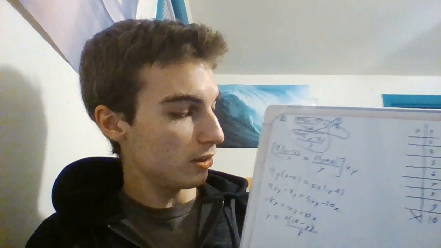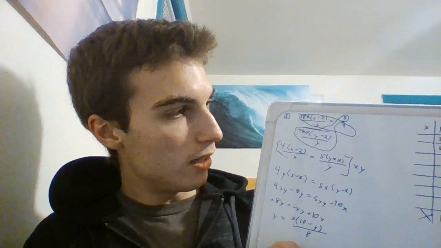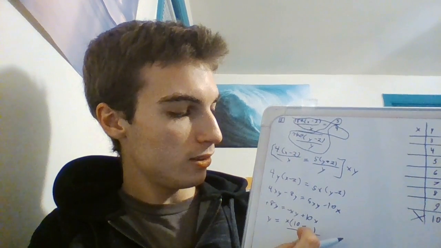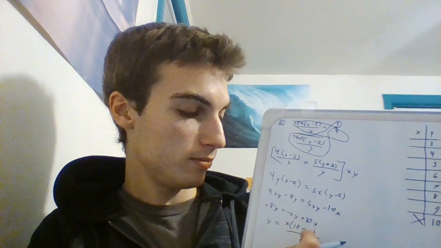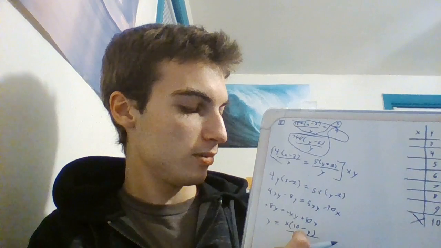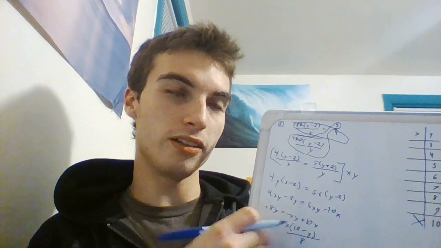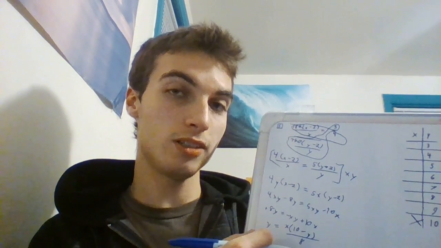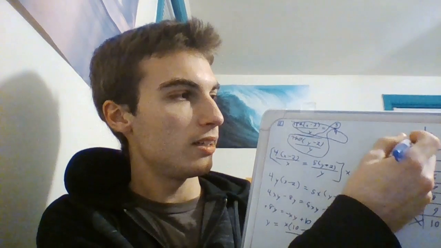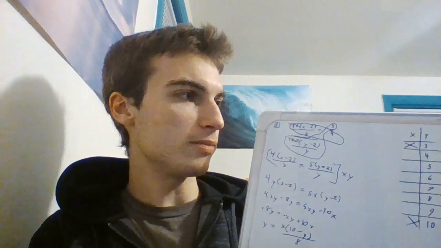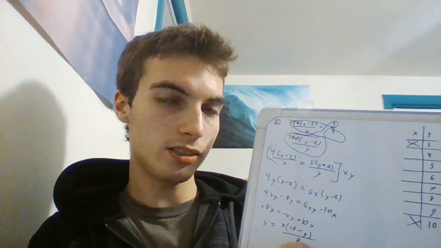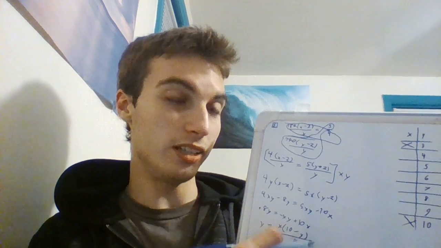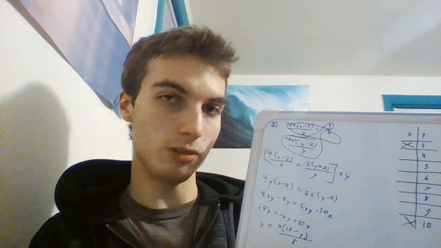So let's just try plugging them in. 3 in for y: 10 minus y is 7, so x would be 3 times 8 over 7, 24 over 7. Not a whole number. 4 would be 6 over 8, so 4 times 8 over 6 would be 32 over 6.